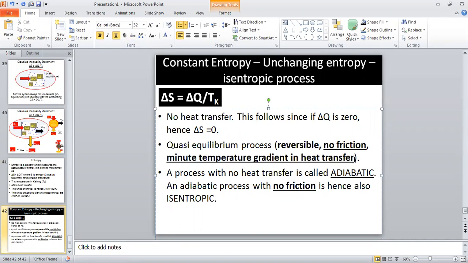There is a work loss from that generation of heat, so there should be no friction. So, negligible temperature gradient in heat transfer, minute or negligible.